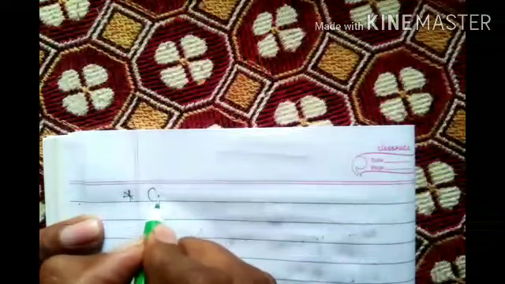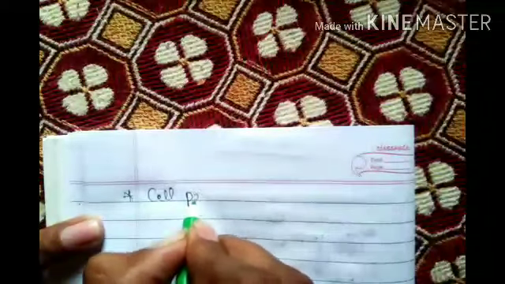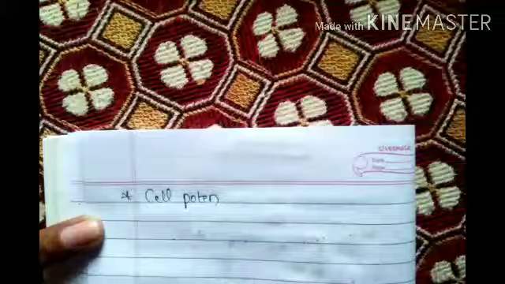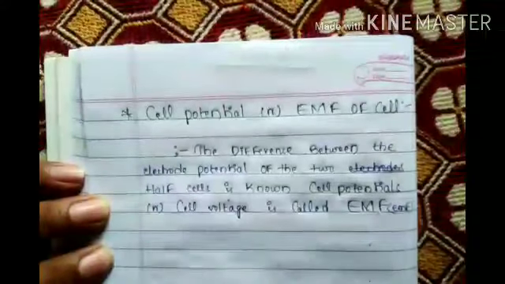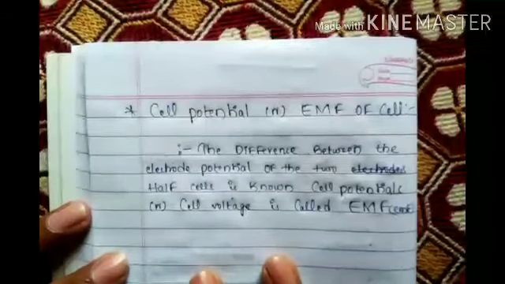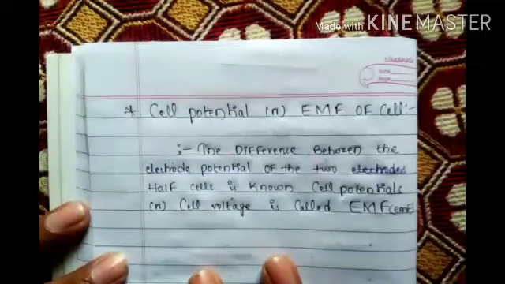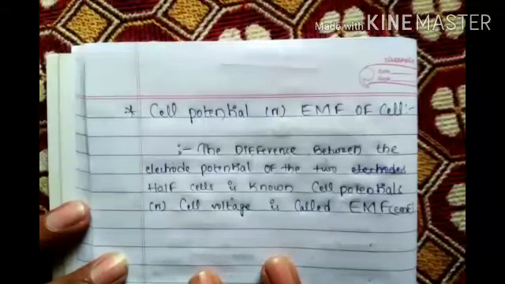Cell potential or EMF of cell. The next one, cell potential or EMF of cell, means the difference between the electrode potentials of two half cells.